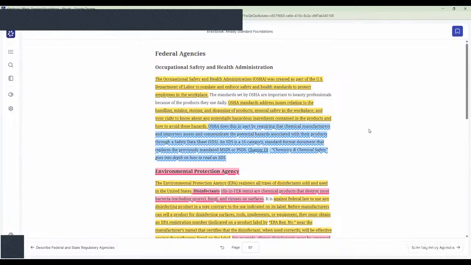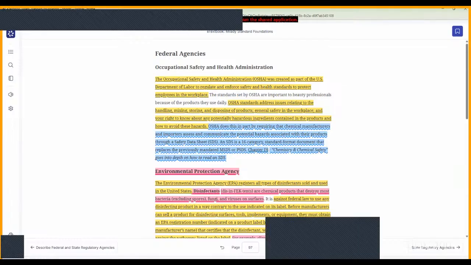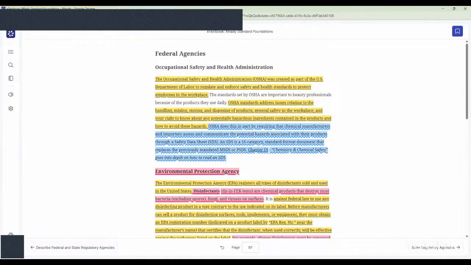And remember, part of that exam, they're already telling you you're going to have questions from this chapter, and especially questions about federal agencies and between OSHA and EPA. The EPA is the Environmental Protection Agency. OSHA is the Occupational Safety and Health Administration.